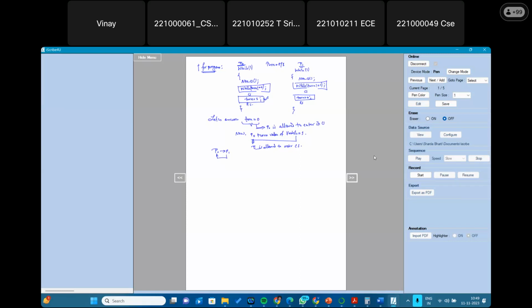But what happens if only one process wants to enter into the critical section and there is no willingness from the other process? Let us suppose we have a turn variable equals to 0, right?